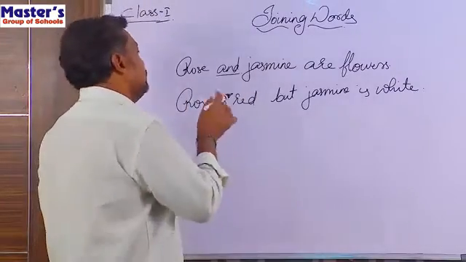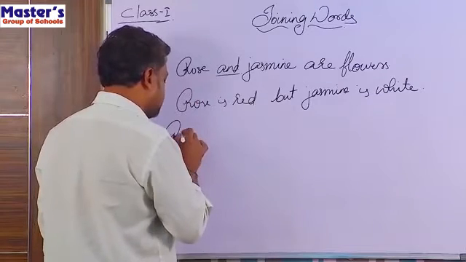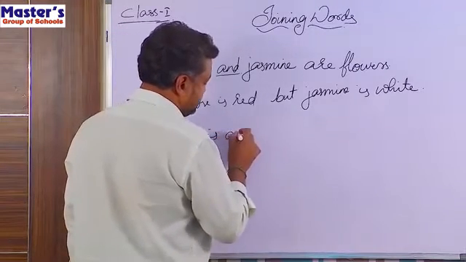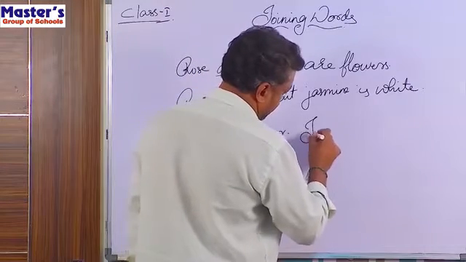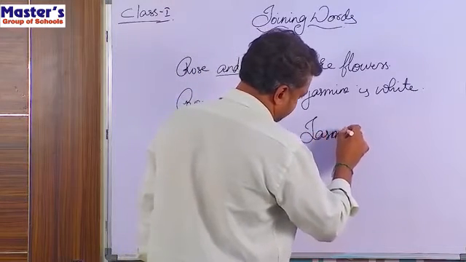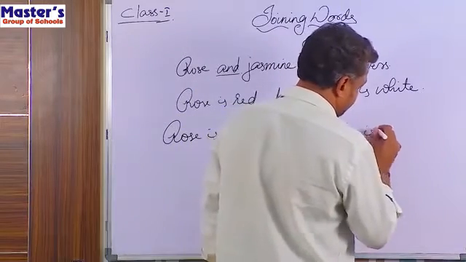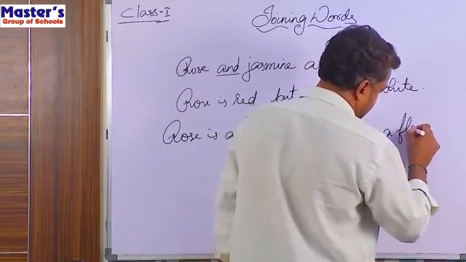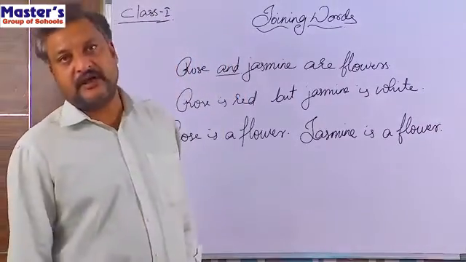For example, we can write this as two sentences like Rose is a flower.